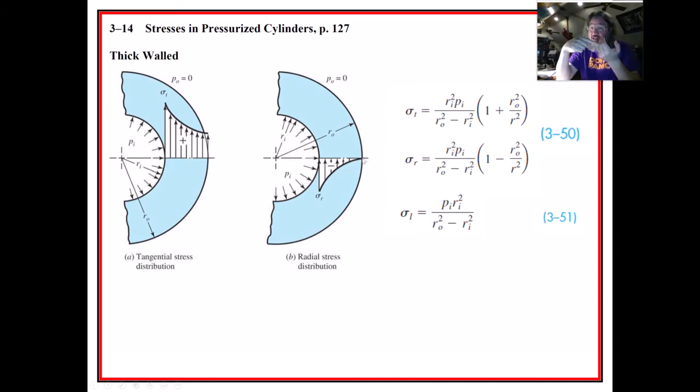There's nobody on the outside of the pipe to push except for atmospheric pressure. Let's just say that that's our reference as 0 right there. So it's 0 on the outside. So it's maximum here, and it's compression, you notice they show that it's negative, right? And it gets less and less pressure, until any stress gets to 0.